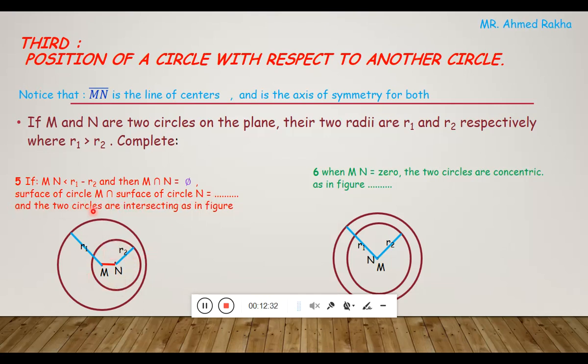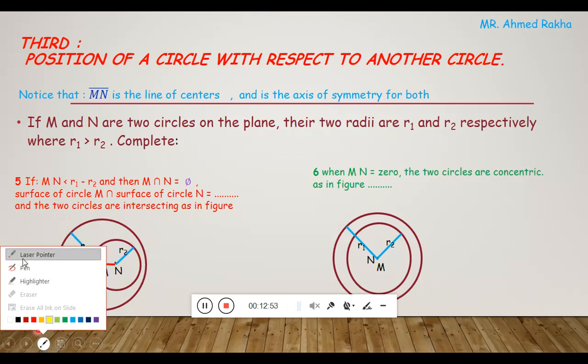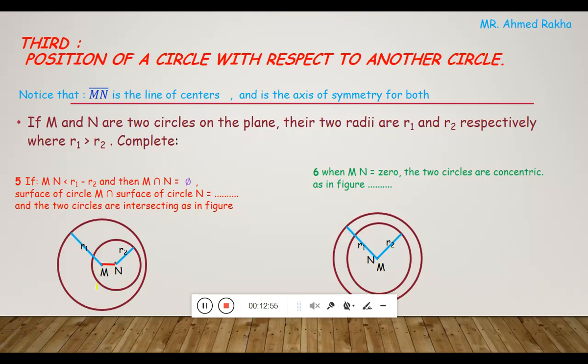No intersecting point between the circles, but we have intersection between the surface of the circle M and the surface of the circle N. And when we shade it, this is the intersection area, which is in yellow.